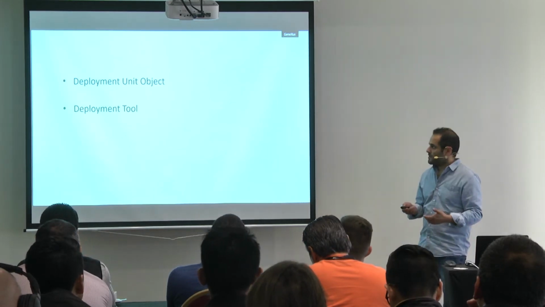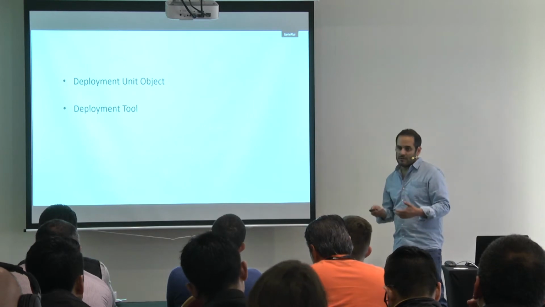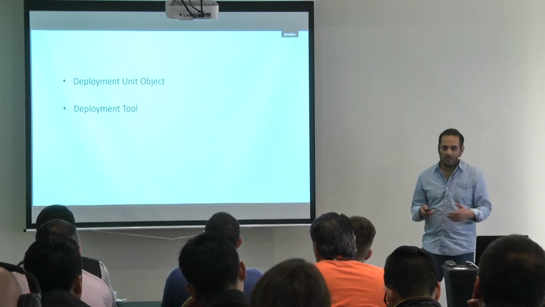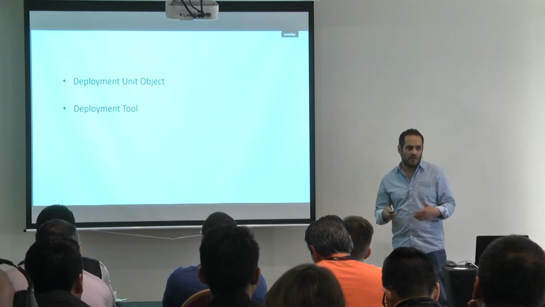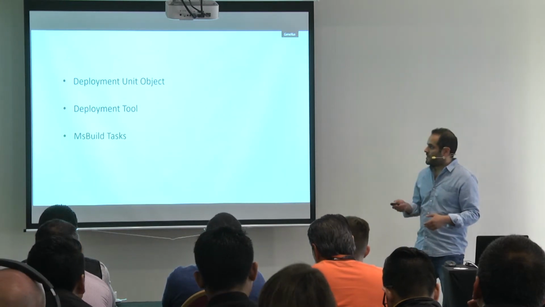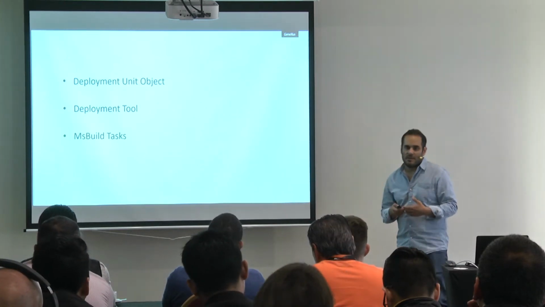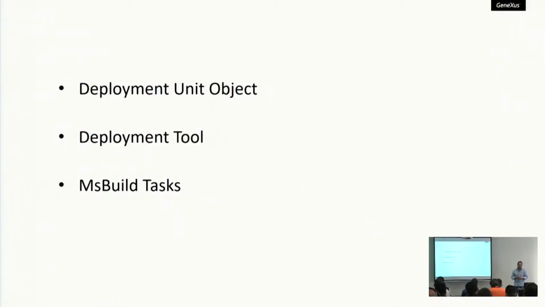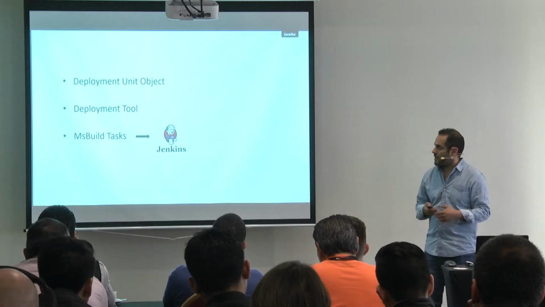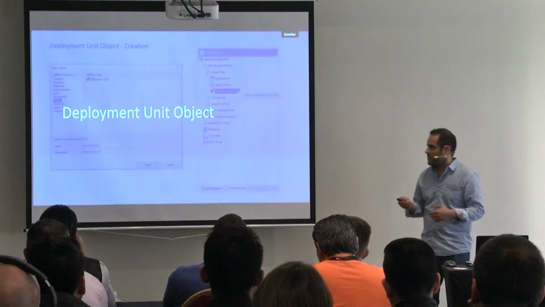Then we have the deployment tool, which is where we're going to indicate where we're going to deploy. And then we have MSBuild tasks, which allow us to automate these actions and to integrate into Jenkins, for instance, all the deployment tasks. So let's start with the deployment unit object.